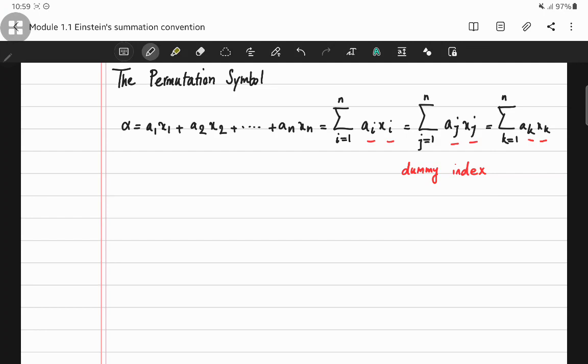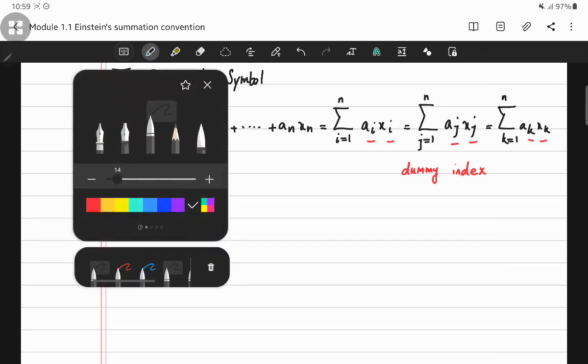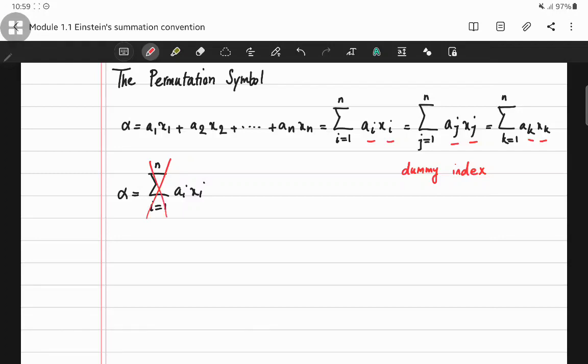So we can simply rewrite this as alpha equal to ai xi. Let's rewrite this as sigma ai xi, I varies from 1 to n, and simply here we drop this sigma sign, so we can simply write it as ai xi.